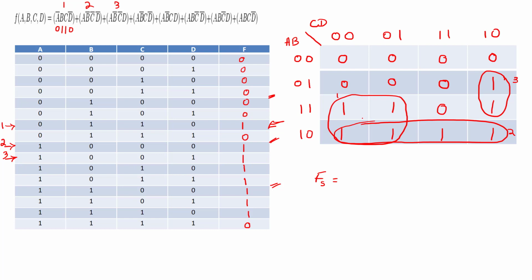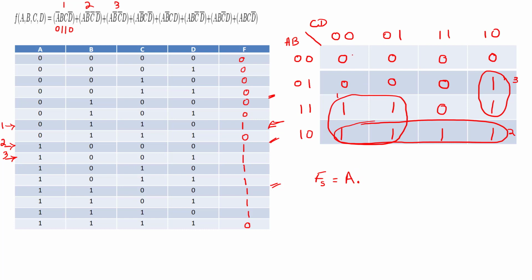So let's start with group 1. For group 1, it's spanning these last 2 rows over here. So for variable a and b, a keeps its value at 1, whereas b value changes from 1 to 0. So I will throw away b and I will keep only a. And since a is 1, I will keep it as it is. I will AND it with any other variables that might exist.